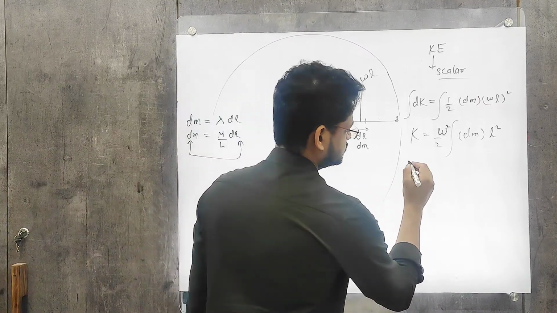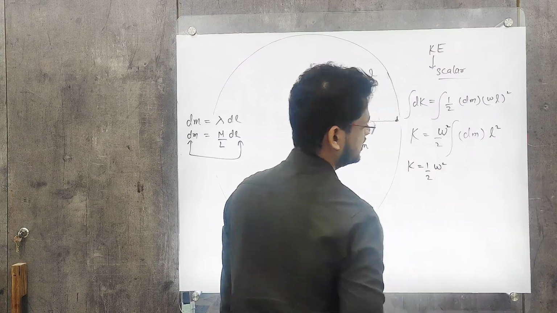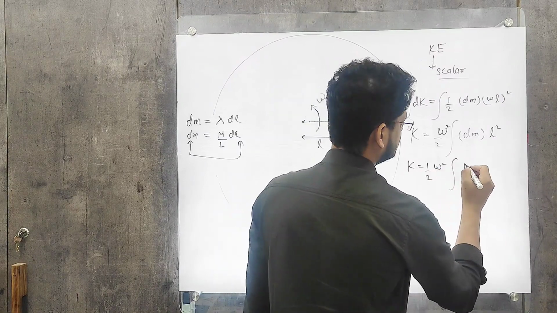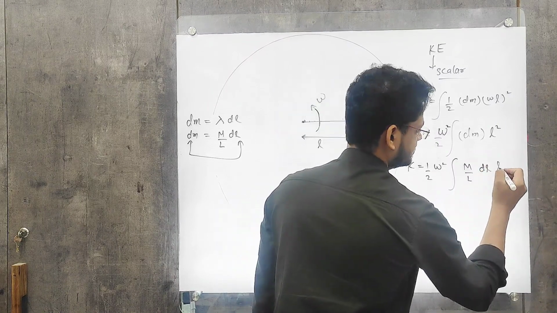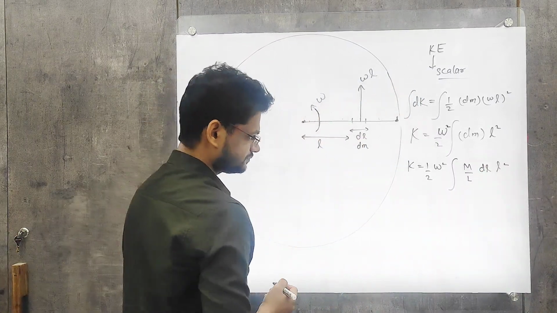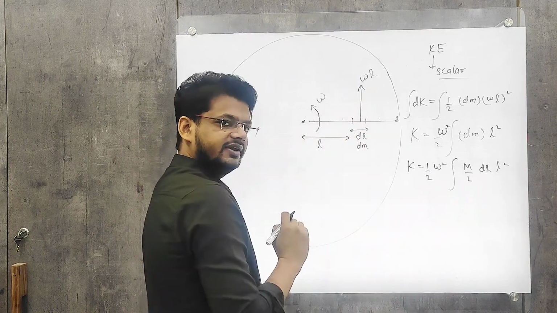Okay, so k will become 1 by 2 omega square, dm is m by l dl, and here is l square. Now again m by l is a constant, so it can be taken out from the integration.